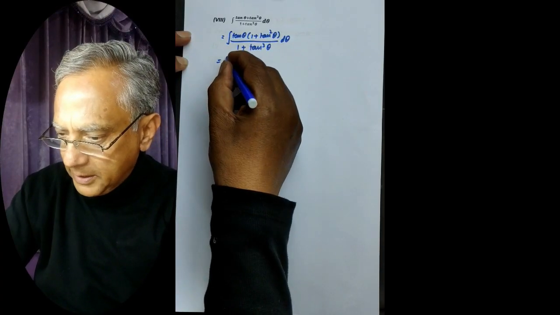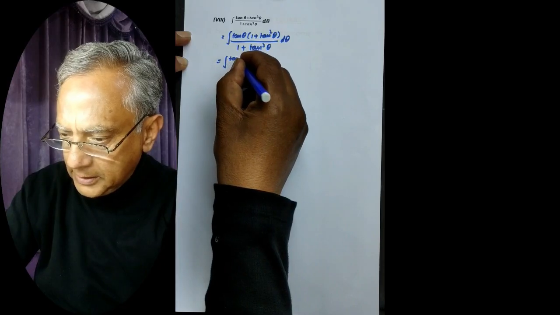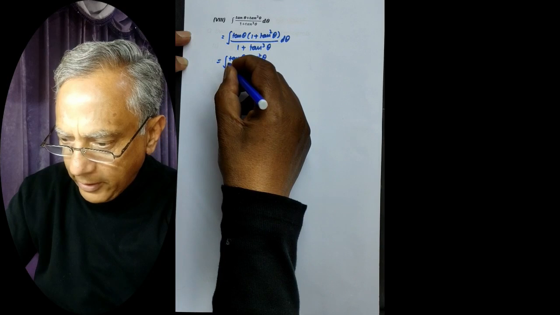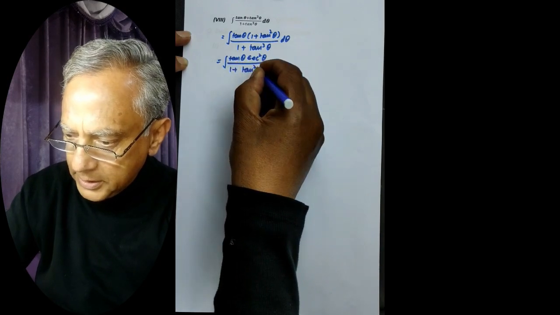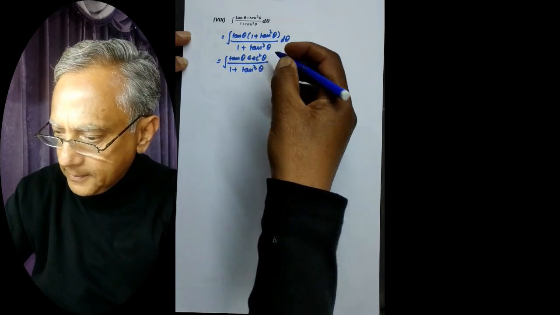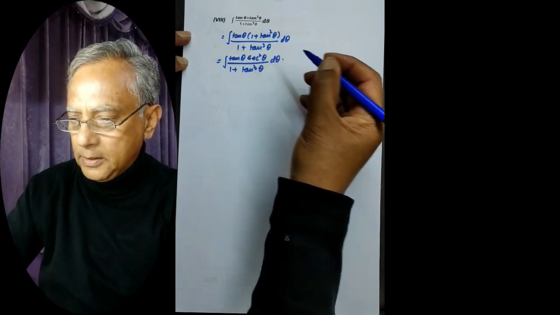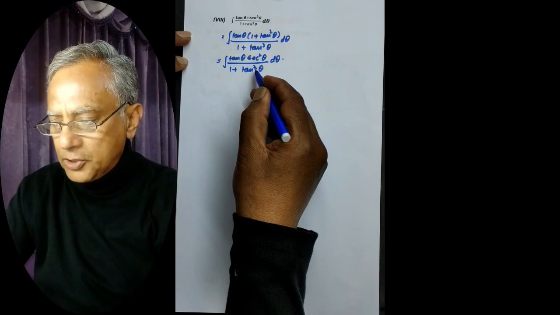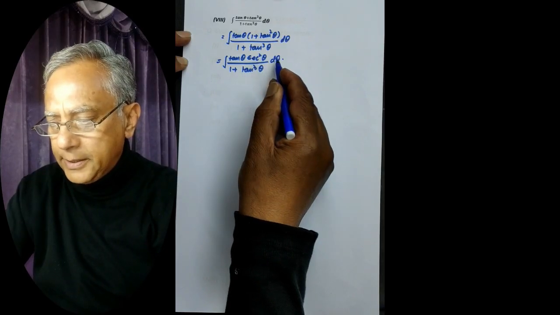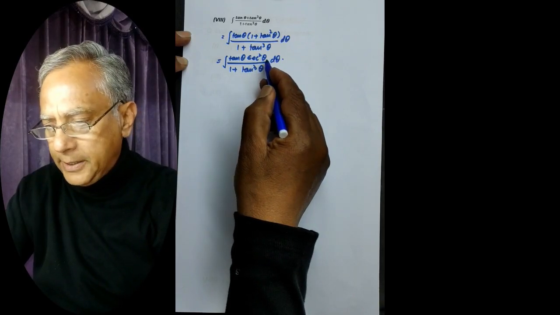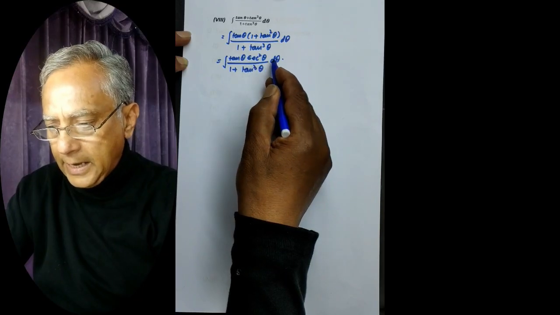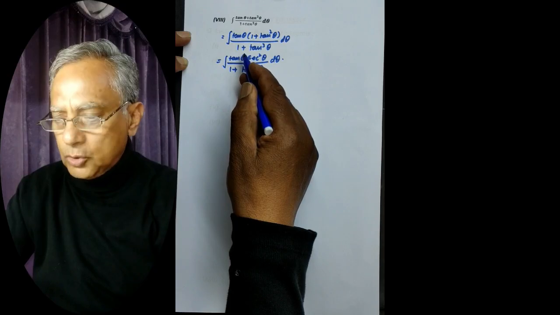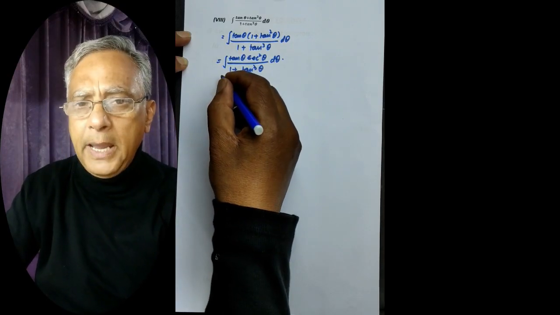So this can be written as tangent theta into secant square theta whole divided by 1 plus tangent cube theta d theta. Now if I put tangent theta equal to t, then differential of tangent theta is secant square theta d theta. So secant square theta d theta will become dt, and the rest of the question will change into new variable t. So this substitution will most probably work.